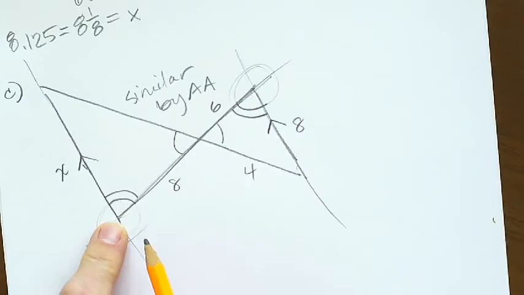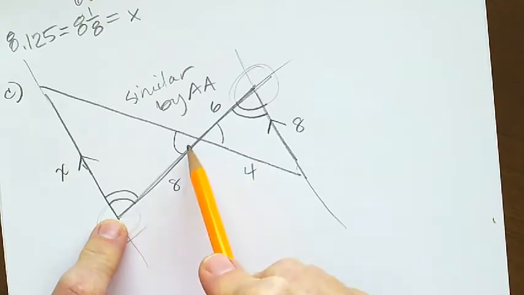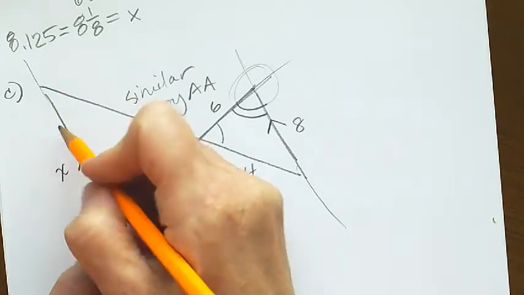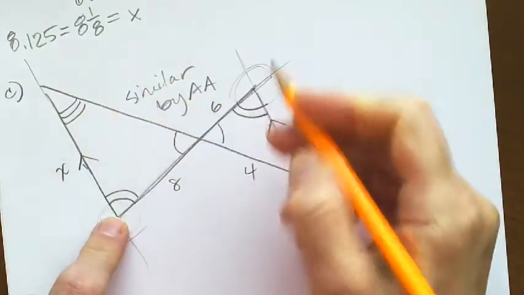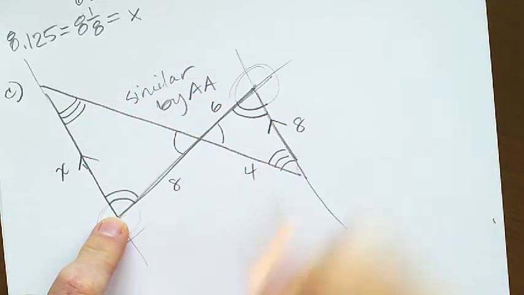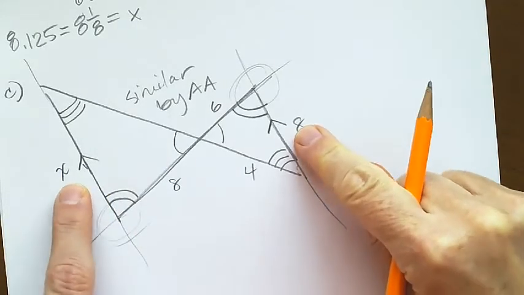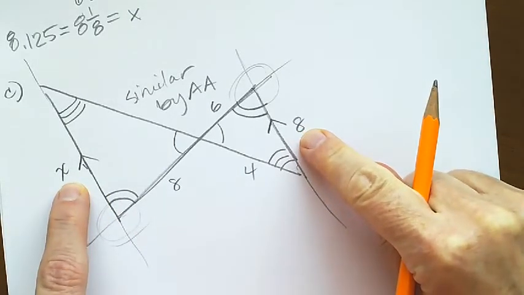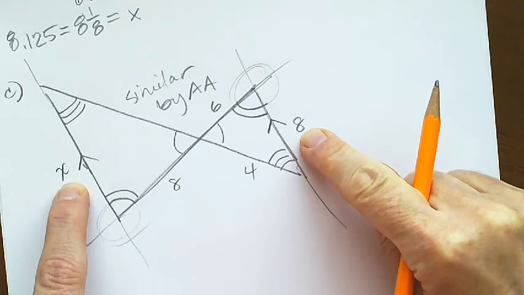So we do need to be careful if we're setting up a proportion that we match corresponding sides. That's why you're paying attention to which angles are the same. You're not just guessing on that. In fact, it might help to put that third angle in there so we know what sides correspond. So you can tell that X and 8 correspond. They're in between the same pair of corresponding angles.